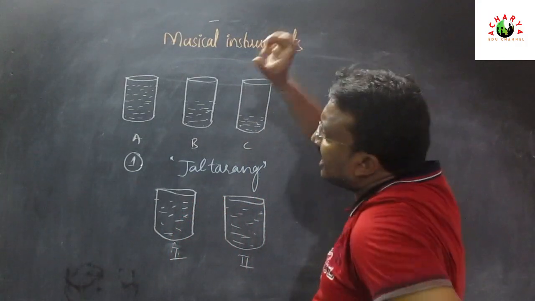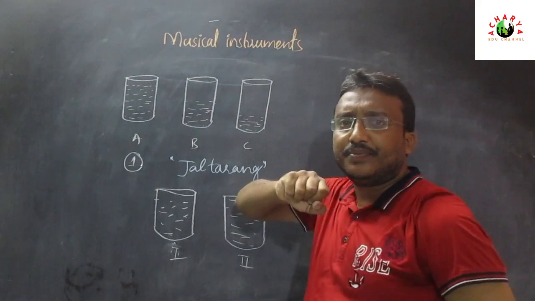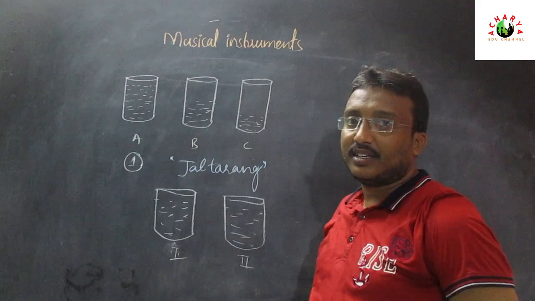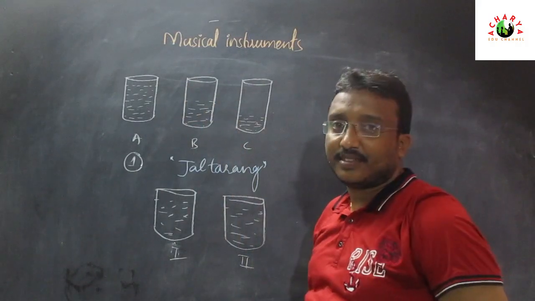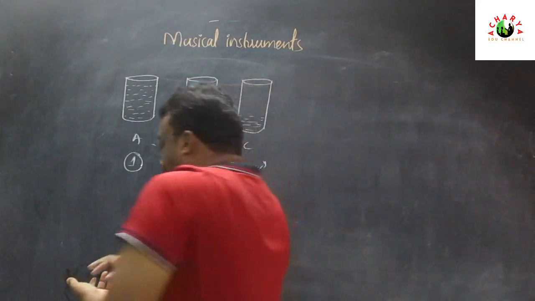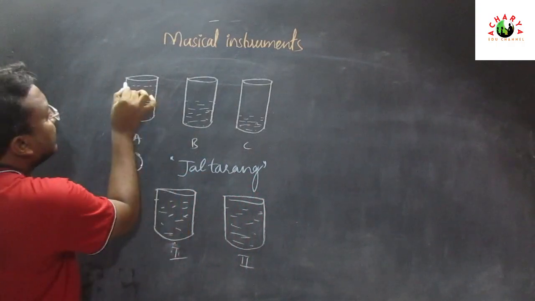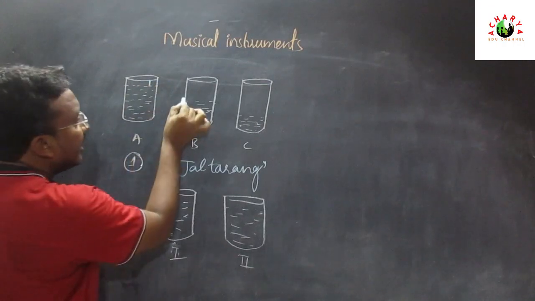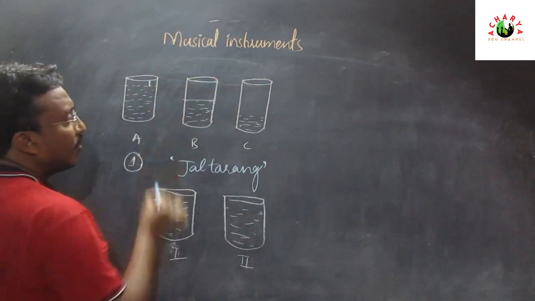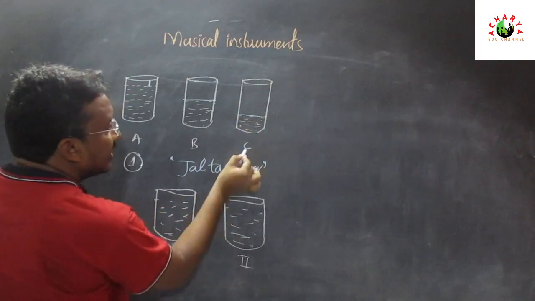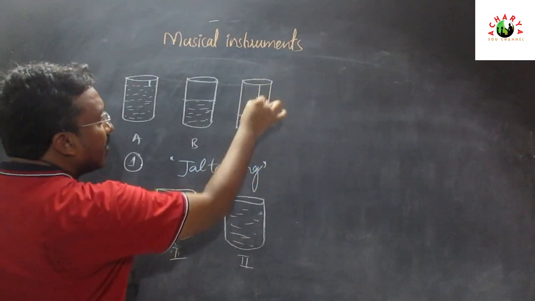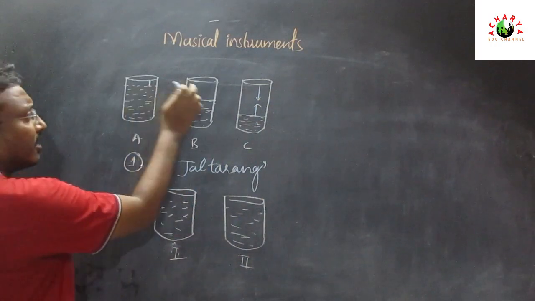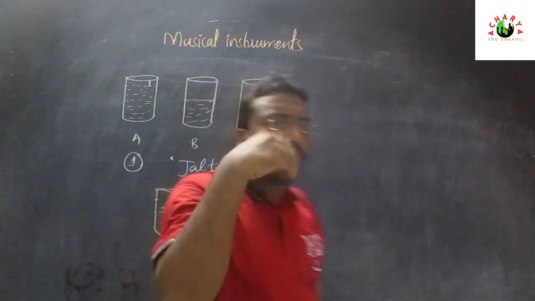So which factor is responsible for giving the different sounds in the first case? Here we filled the maximum amount of water, so the air column is less, here the air column is more, and in the last glass C the air column is much greater. Why am I talking only about the air column?